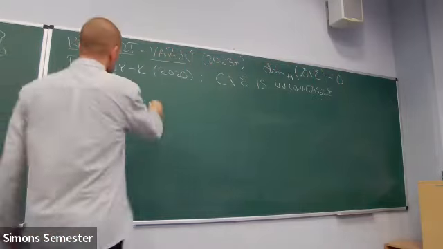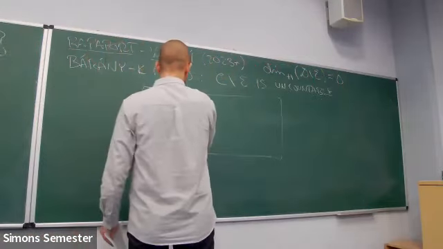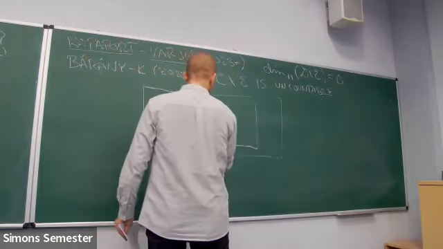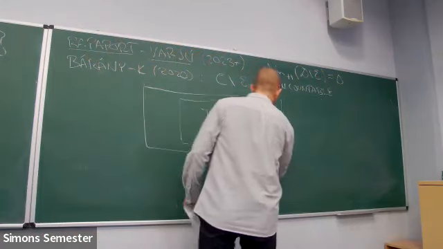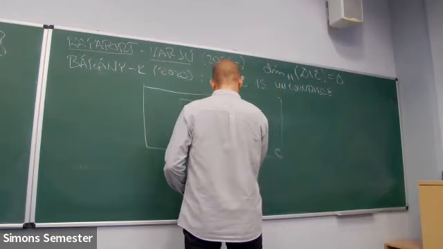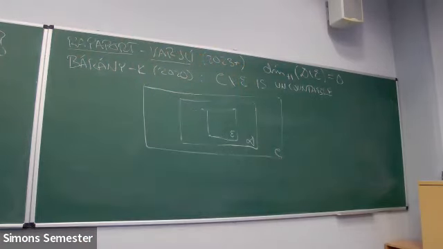So basically the picture looks like this. These are the sets. We know that E is contained in D and D is contained in C. So this is the picture.